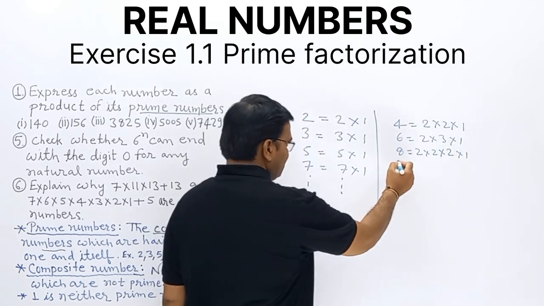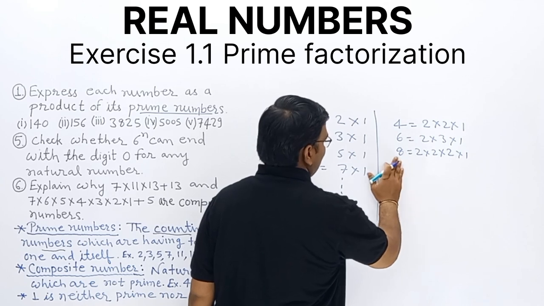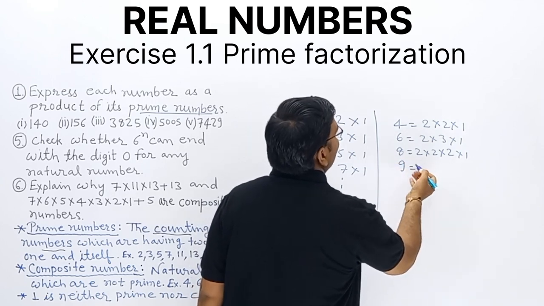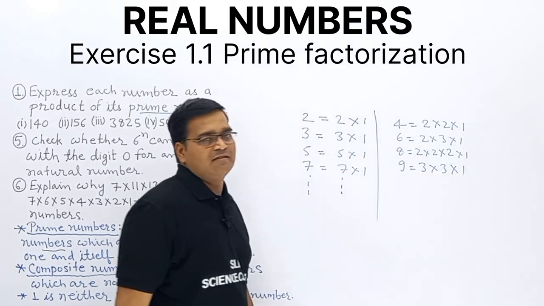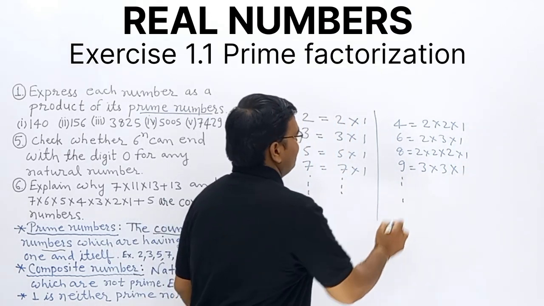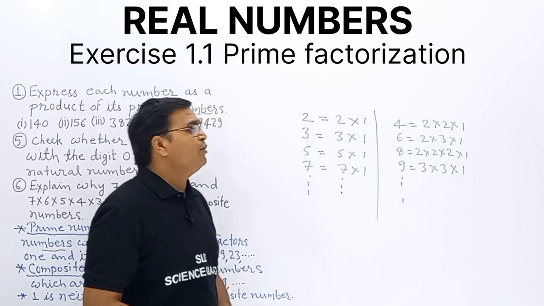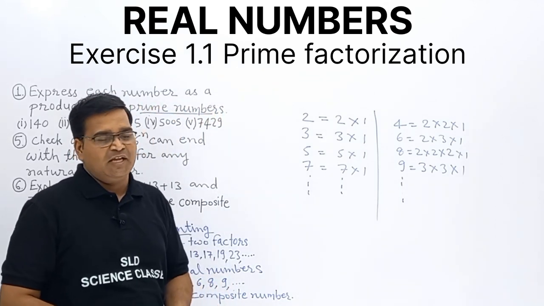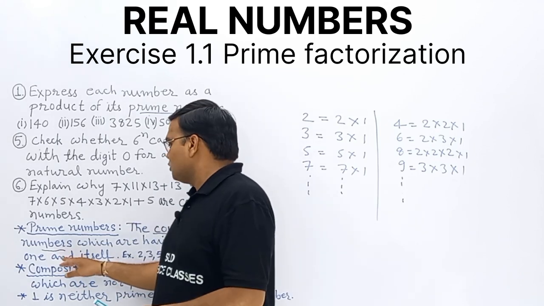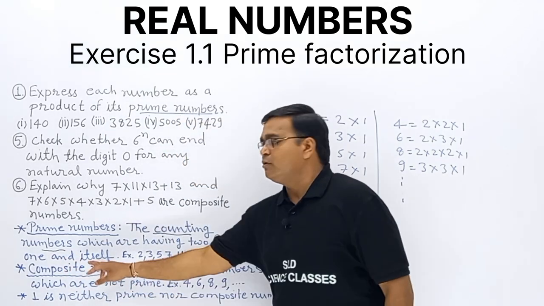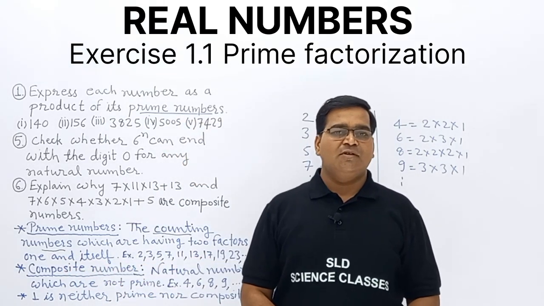And 9 equals 3 into 3 into 1. So these numbers are having more than 2 factors. If counting numbers are having more than 2 factors, they are called composite numbers. Getting it or not?